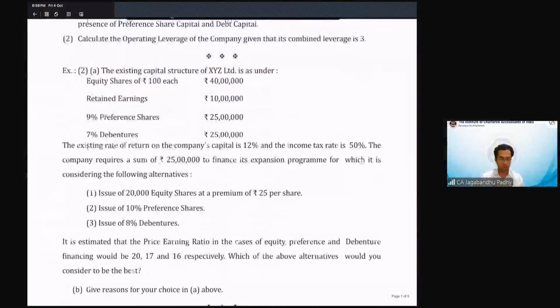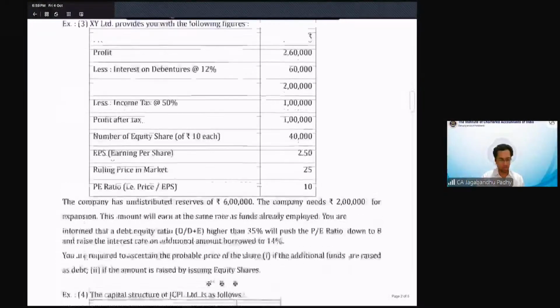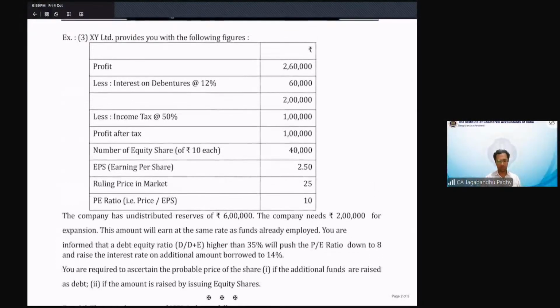Now, look at question number 3, guys. Profit has been given as 2,60,000. Interest on debentures at 12% is 60,000. So what sort of profit is this?